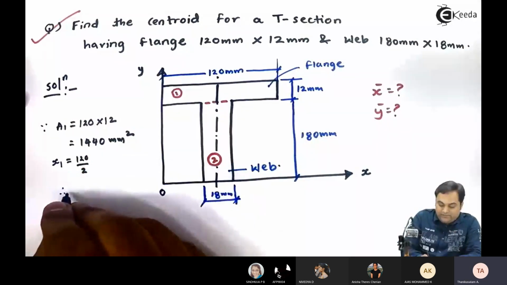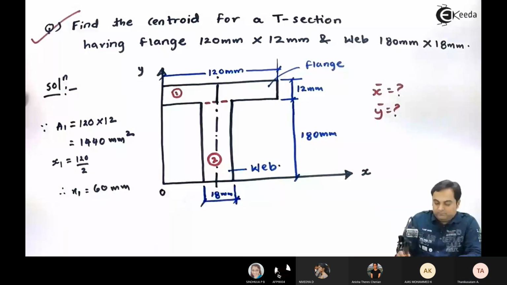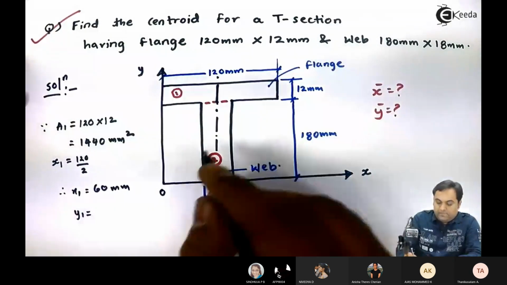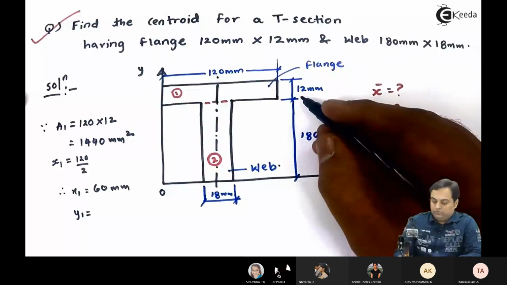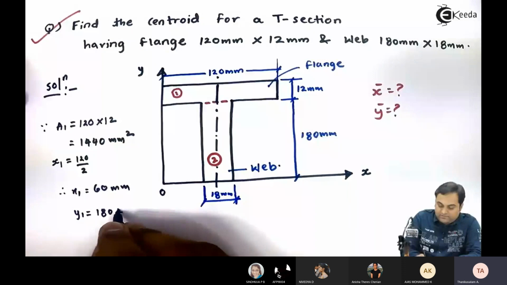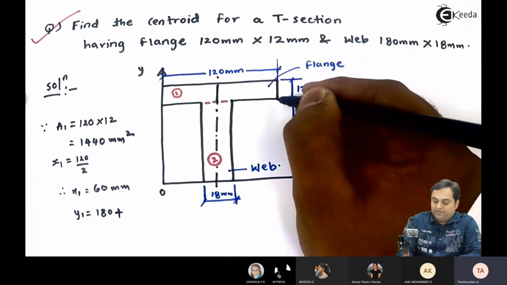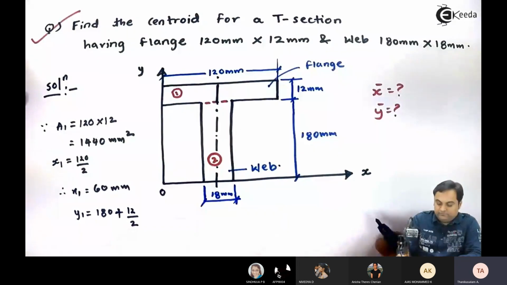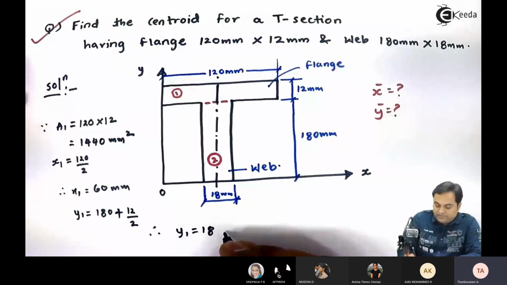The y location for the first rectangle is half of 12, therefore y1 comes out to 6.